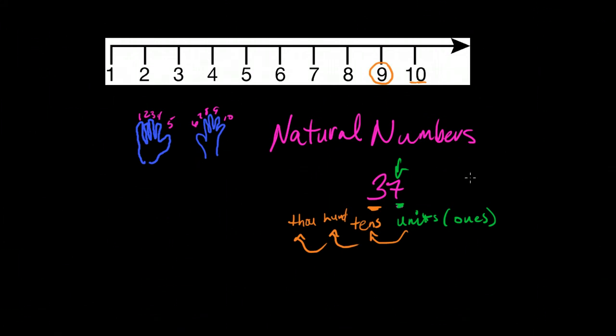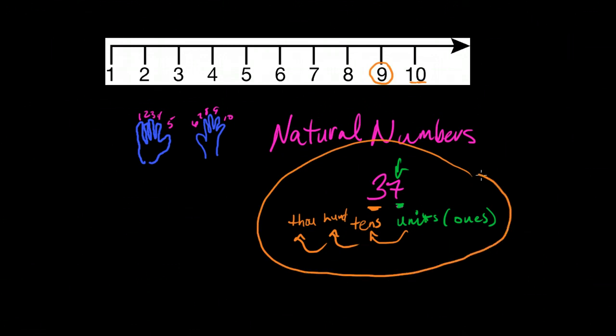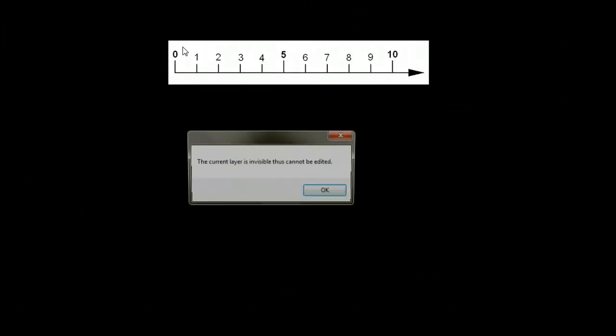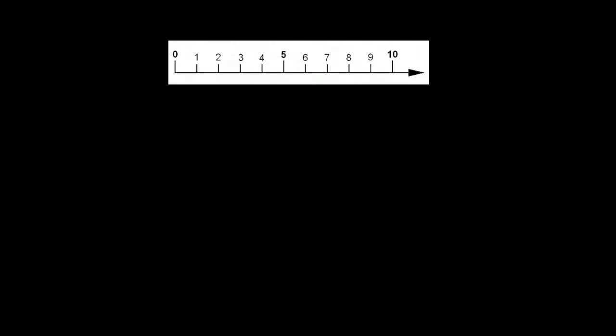Well, in order to be able to write out numbers the way we do, we have to add a second concept, and that concept is the concept of 0.